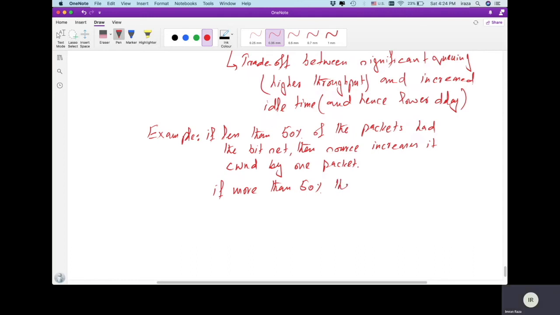Then the source decreases its congestion window to 0.875 times the previous value.